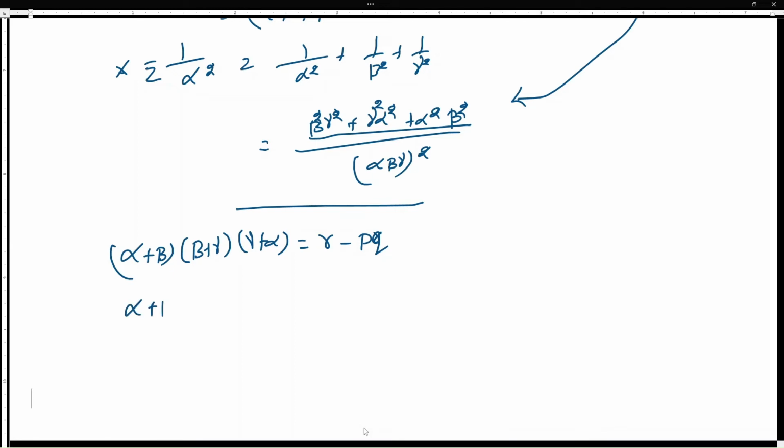Alpha plus beta, here gamma is missing, so alpha plus beta plus gamma minus gamma, and here beta plus gamma, alpha is missing, alpha plus beta plus gamma minus alpha.